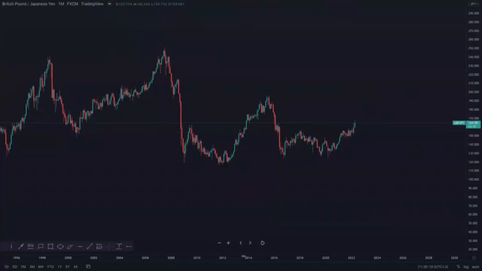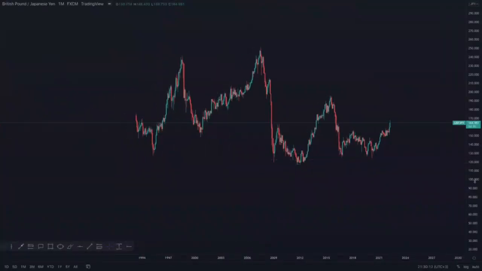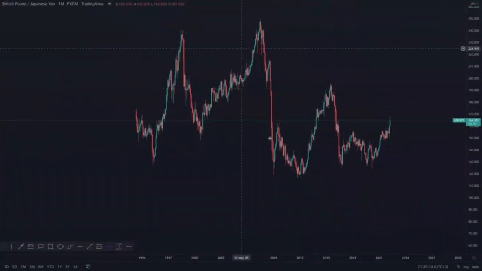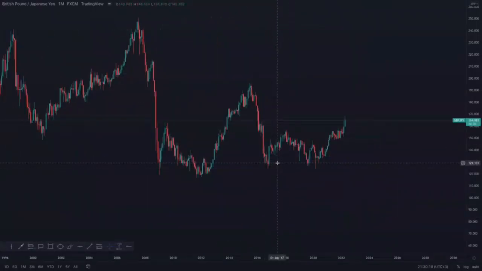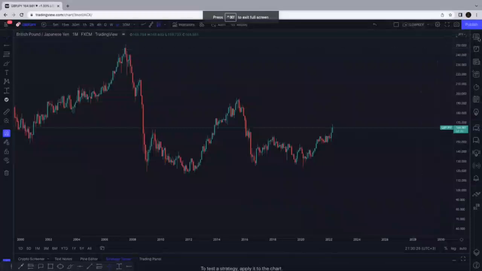So in GBP USD, we can see that we are in a downtrend. But when you look at the latest market structure, no, this is GBP JPY.